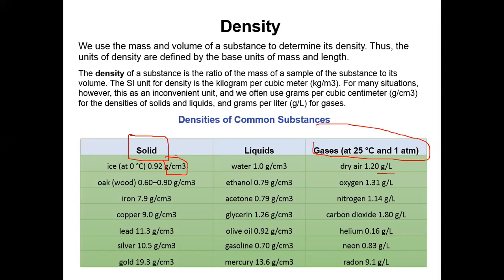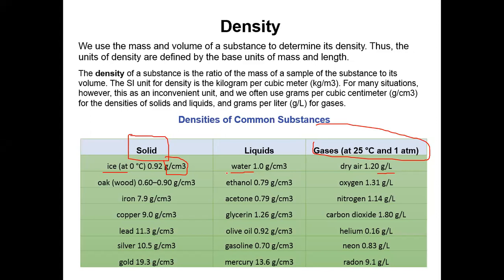You can see here that solids are much heavier than liquids and gases. The only exception is ice versus water. You can see that ice is lighter than water. The reason is that once water solidifies, because of the particular structure of water and the bonds between water molecules, it becomes a little bit lighter.